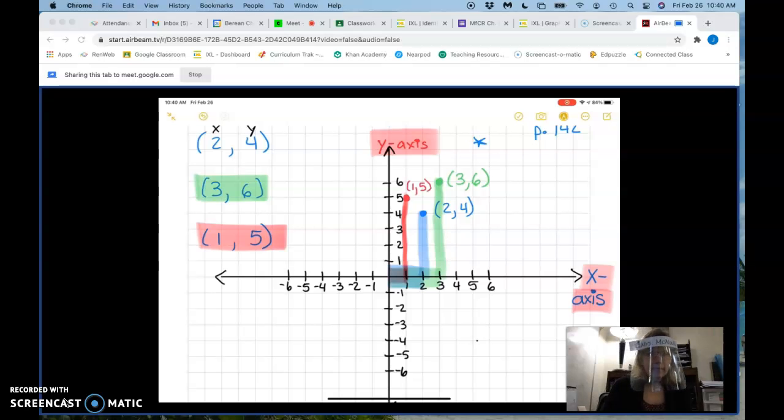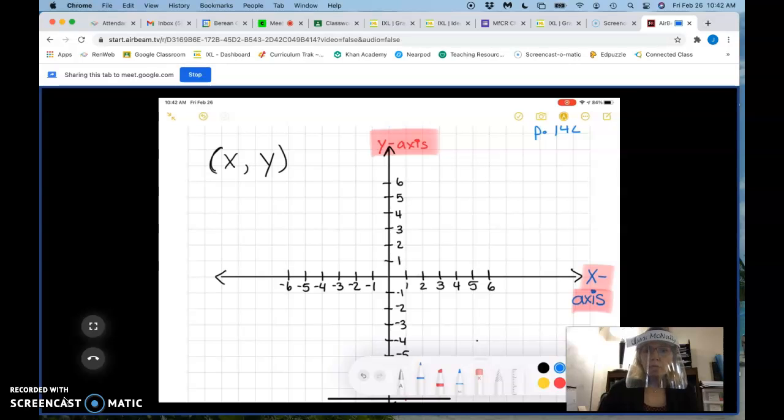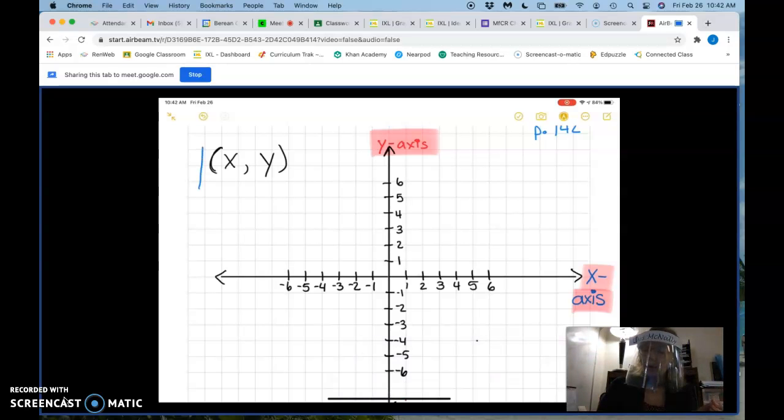Okay, so one reminder before you start your IXL is that when you're looking at the x value, the first number, you're either going to go right or left. You go right if the number is what? Come on, Cameron. Positive.